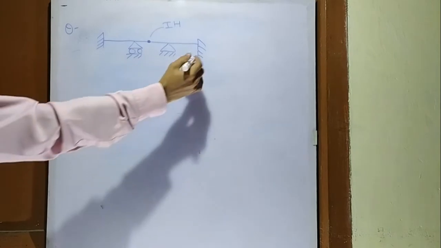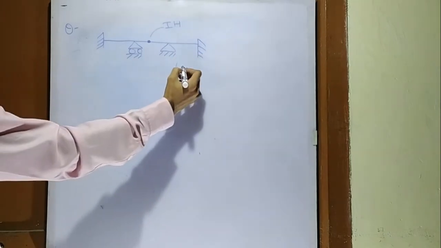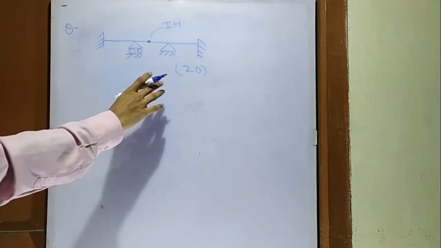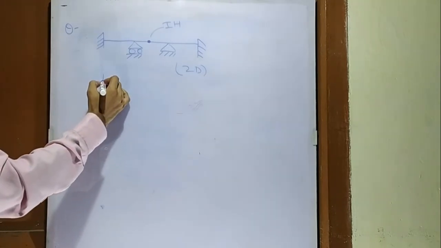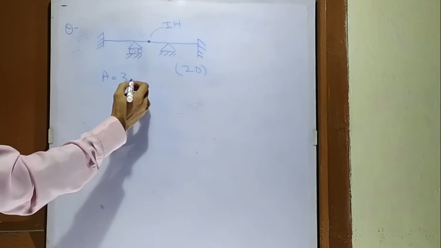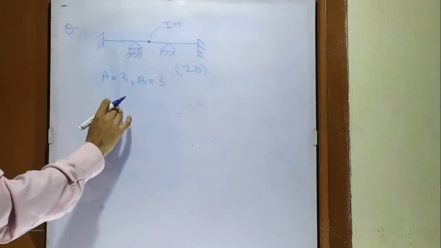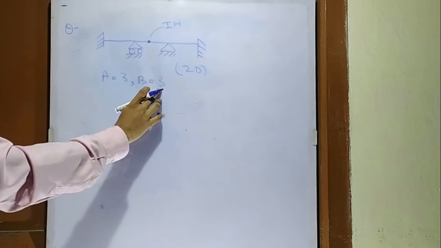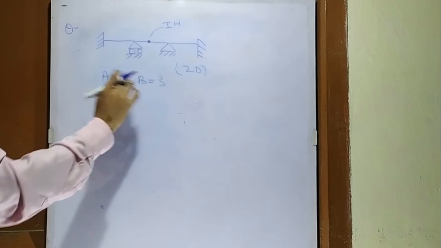So first we will solve this question as a 2D case. Now we know that a is equal to 3 and b is also 3, because the number of actions is 3, and the number of equilibrium equations available at each joint is also 3.